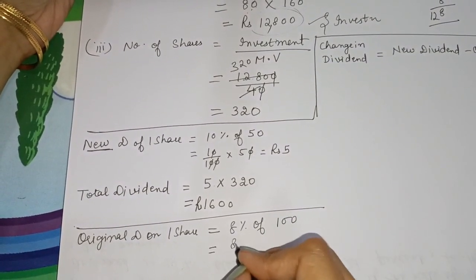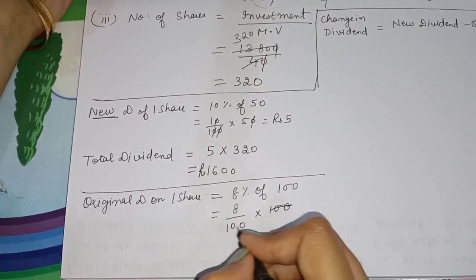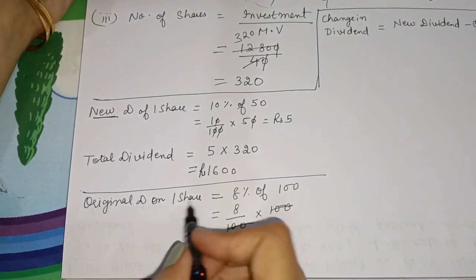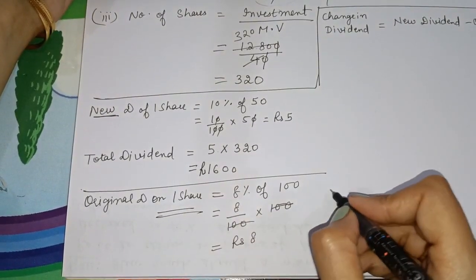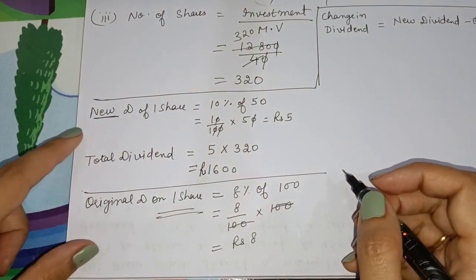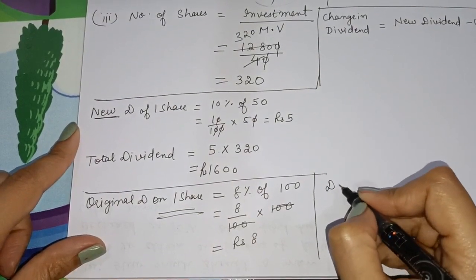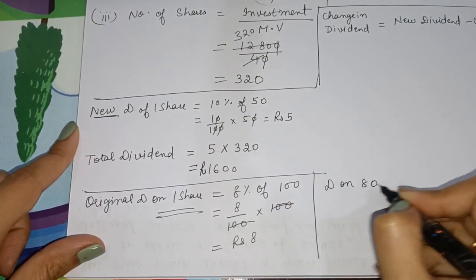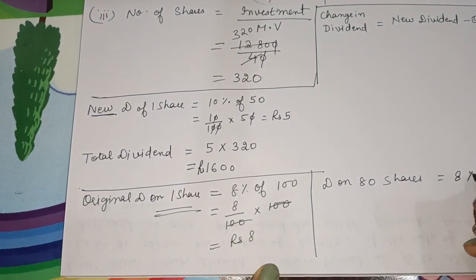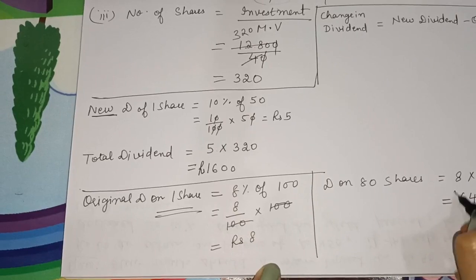So this is equals to 8 by 100 into 100. So which is equals to rupees 8. This is on 1 share. But what we have to find, how many shares do we have? We have 80 shares in the first case which we found. So that means dividend on 80 shares is equals to rupees 8 into number of shares. So 8 into 80 is 640.